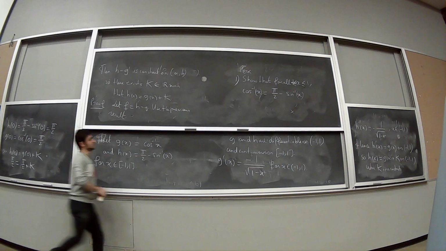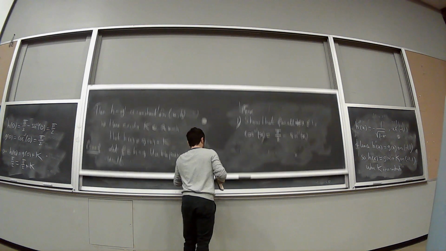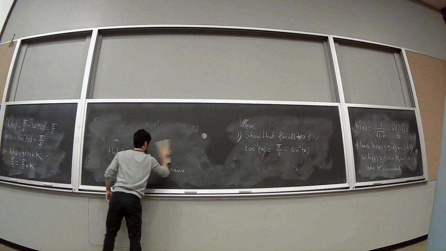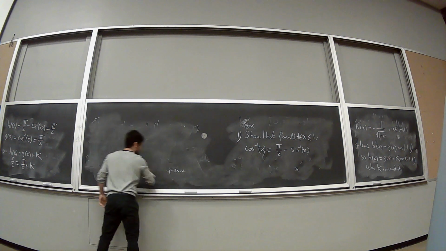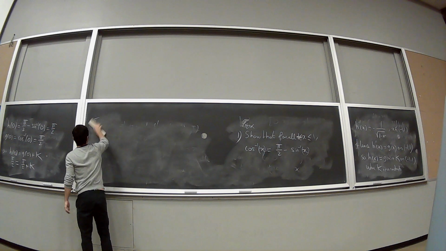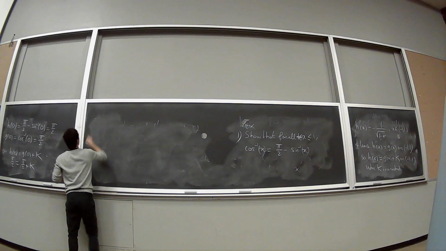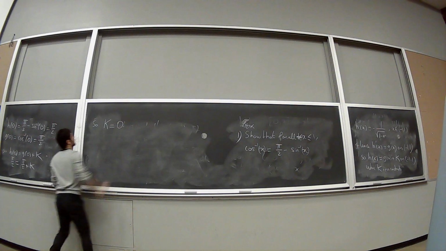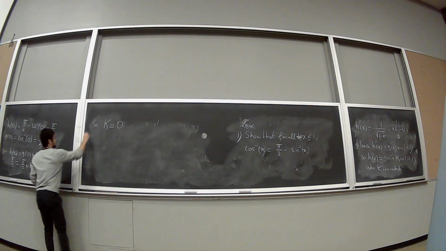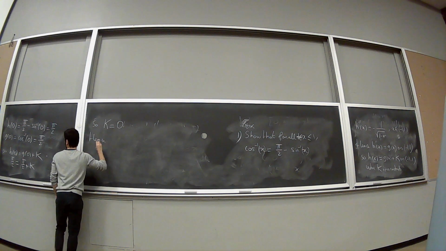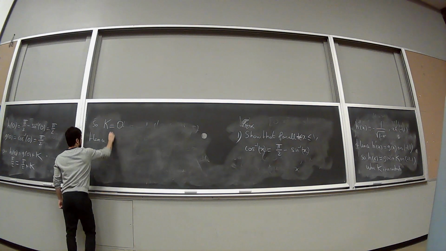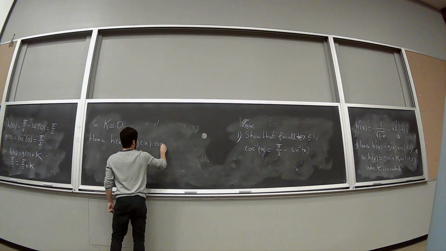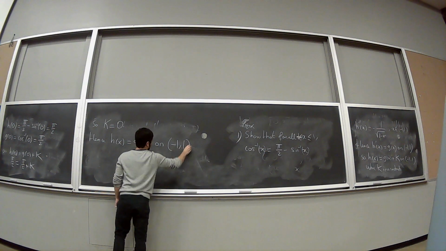So k is equal to 0. Hence, h of x is equal to g of x on -1, 1.